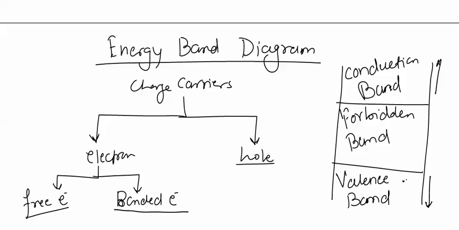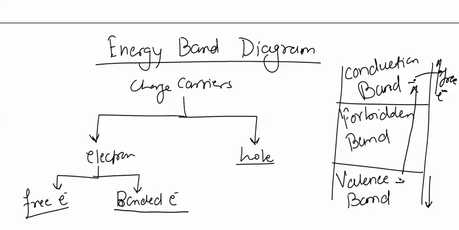If we want this electron to take part in conduction, we have to first move this electron from valence band to conduction band, means we have to break the covalent bond and make this electron a free electron. So now I can say that the energy of bonded electron lies in valence band, and the energy of free electrons lies in conduction band, means conduction band represents energy of free electrons present in the material, and valence band represents bonded electrons present in the material.